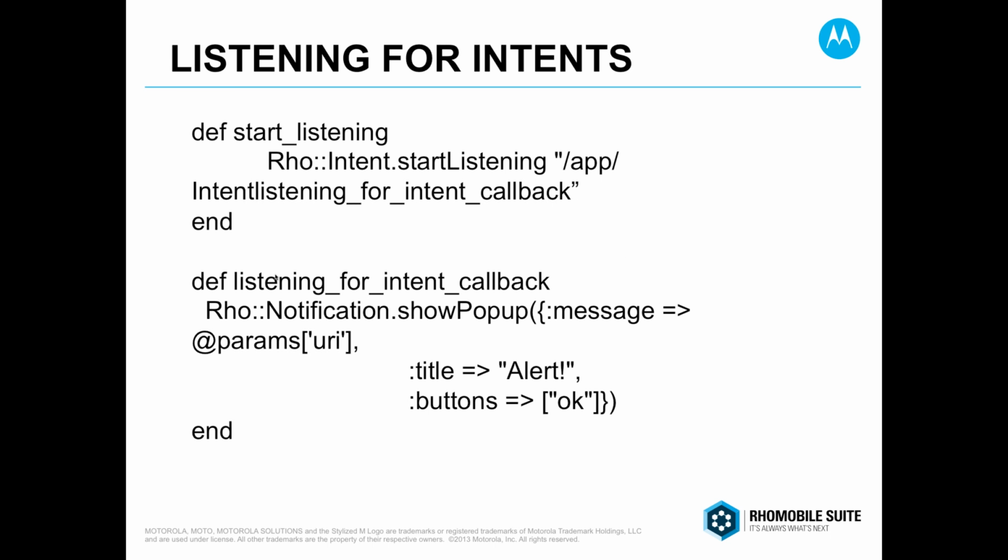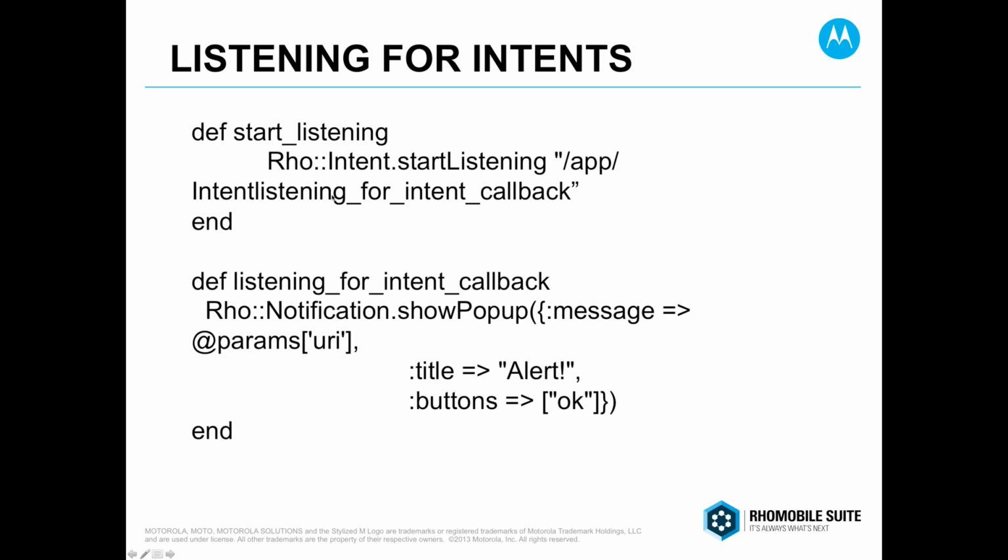So for listening for intents, you're going to create a unique URL for that intent. In this case, it's /app/intent/listening for intent callback. There should actually be a slash between the intent and listening. And then you're going to write the callback. So we're writing the callback here, listening for intent callback, and then you're going to do your interesting work there.